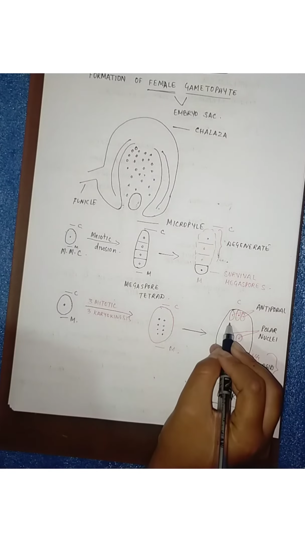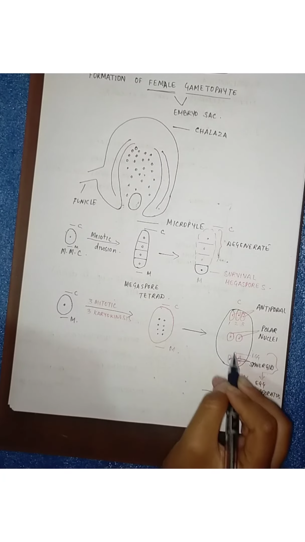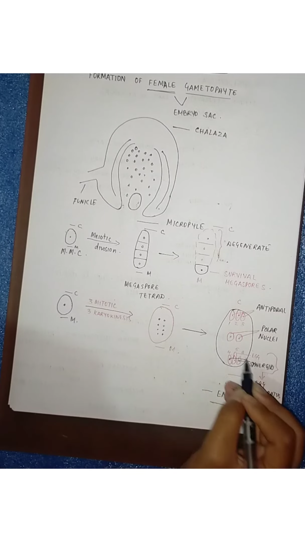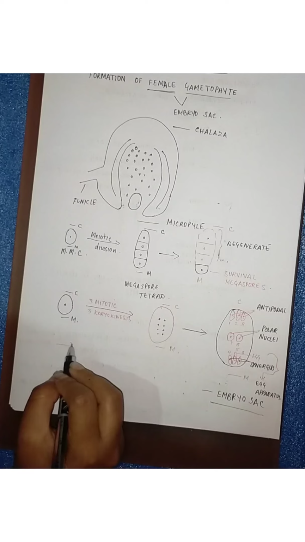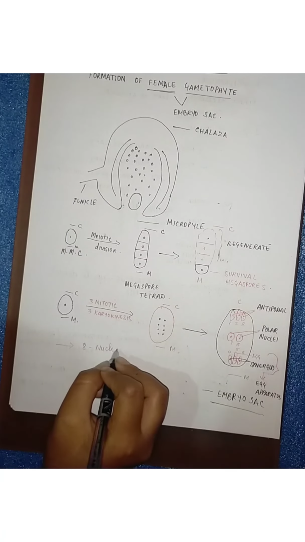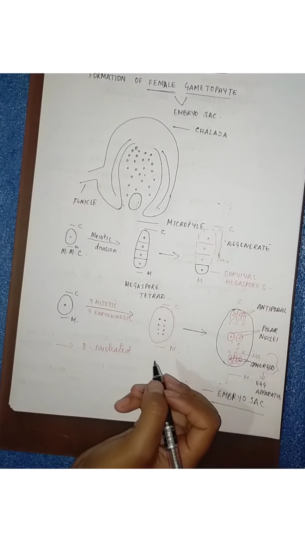We shall count 1, 2, 3, 4, 5, 6, 7, 8. 8 nucleated. And how many cells?